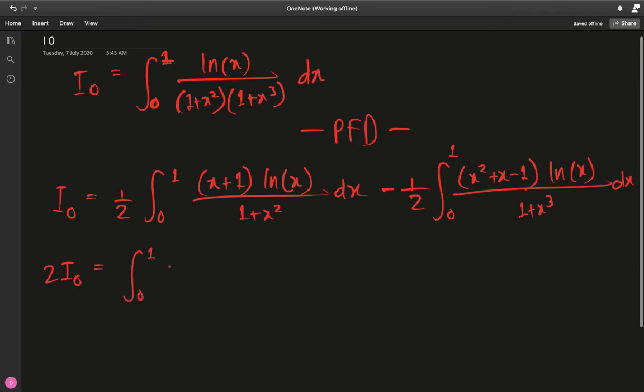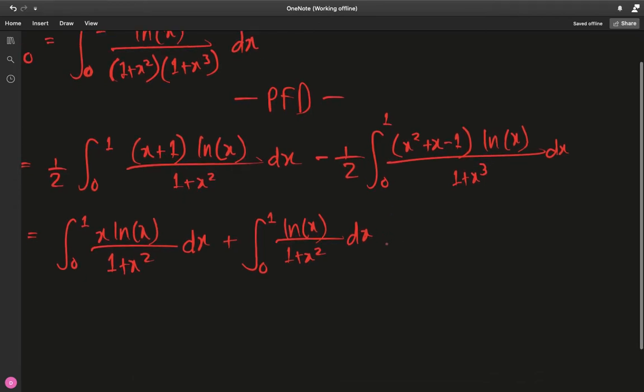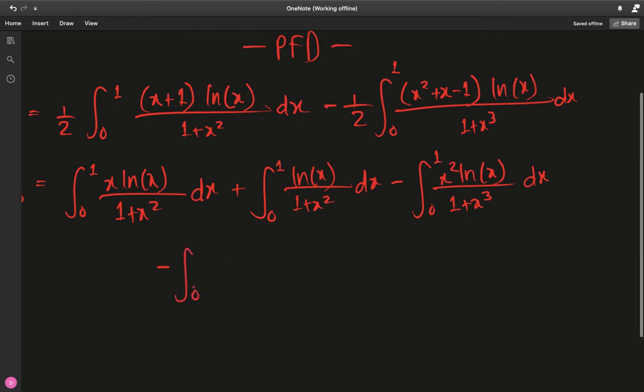So integral from 0 to 1 of x times the natural log of x over 1 plus x squared dx, plus integral from 0 to 1 of natural log of x over 1 plus x squared dx, and we're having negative integral from 0 to 1 of x squared times natural log of x over 1 plus x cubed dx, minus integral from 0 to 1 of x times natural log of x over 1 plus x cubed dx, plus integral from 0 to 1 of natural log of x over 1 plus x cubed dx.